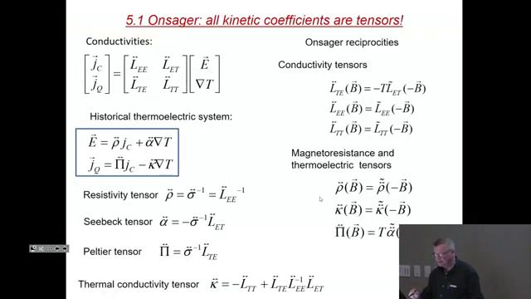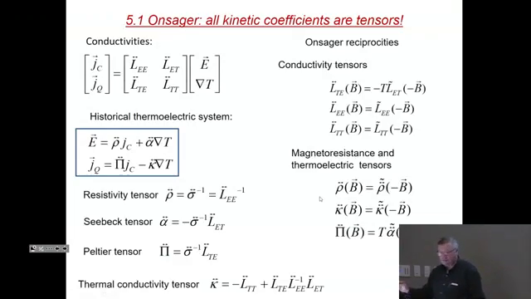Now, historically, of course, the named coefficients are the resistivity, which relates the electric field to the current, and the thermal power, which relates the electric field to the temperature gradient. Vice versa, the heat flux is related to the current flux by the Peltier coefficient and to the temperature gradient by the thermal conductivity.